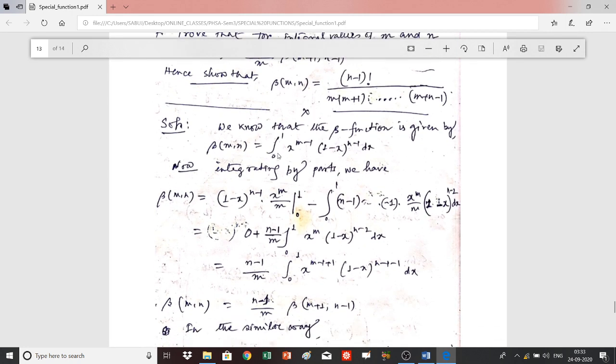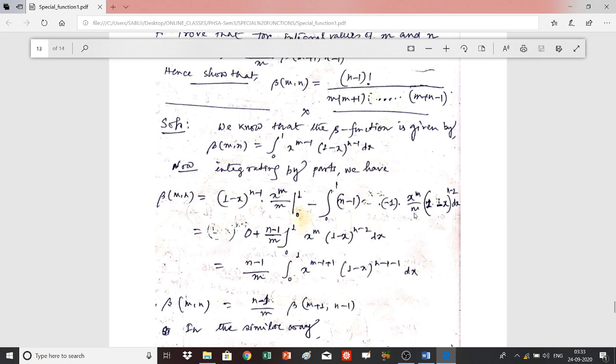Now just integrate this function. Integrate this term first, that is x to the power m by m from 0 to 1 times (1 minus x) to the power n minus 1, then differentiate the other term and integrate 0 to 1. This will give you (n minus 1) with a negative sign, because differentiation of minus x will give you minus 1, then integration of x to the power m minus 1 will give you x to the power m by m.